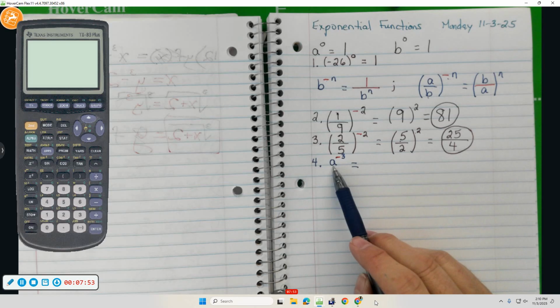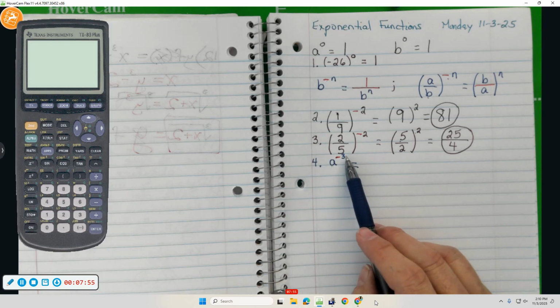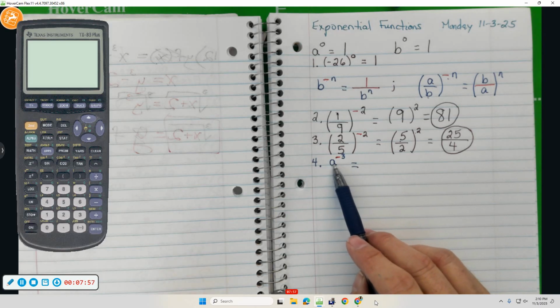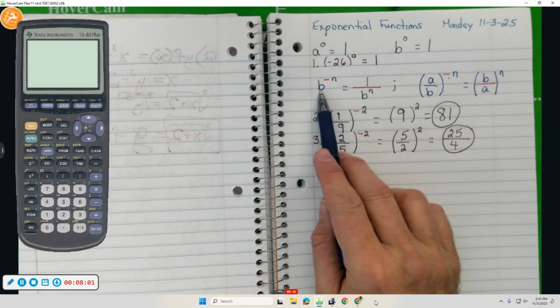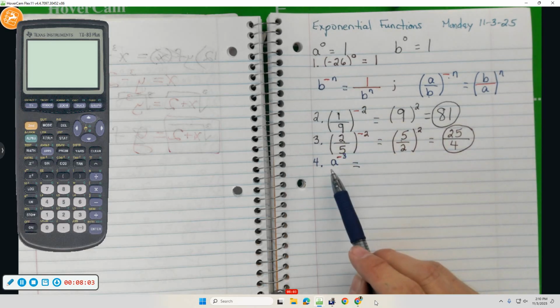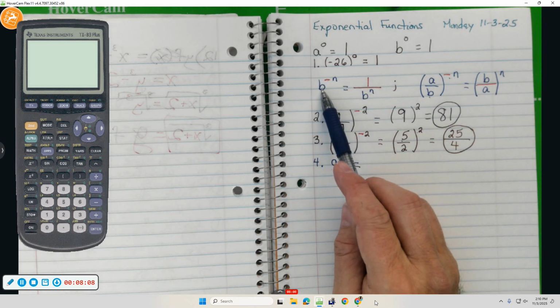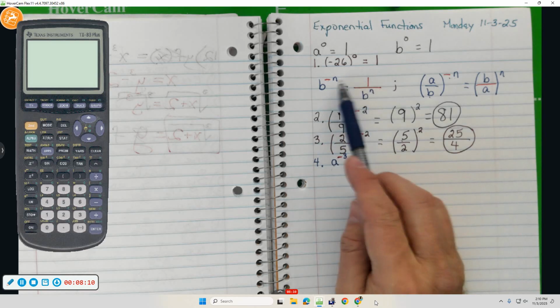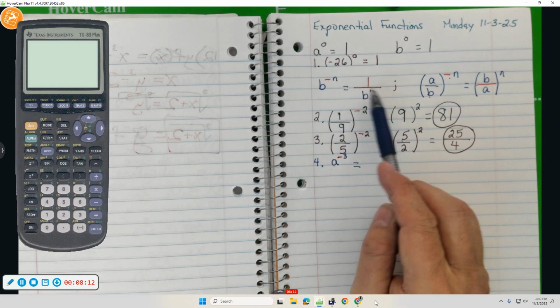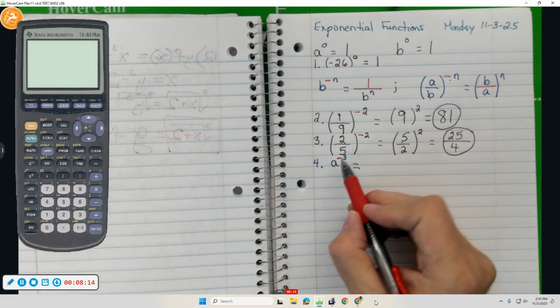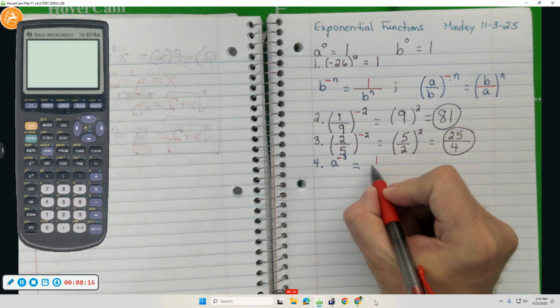Well, this isn't a fraction to a negative power. It's just a non-fraction. That's this rule right here. A to the negative 3rd. If you have just an integer to a negative power, to get rid of that negative, it's 1 over. So this red negative becomes the red 1 over.